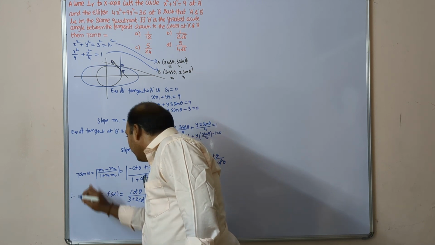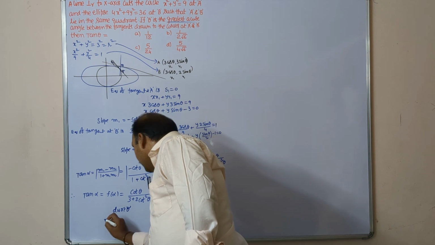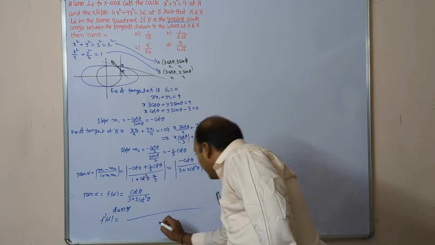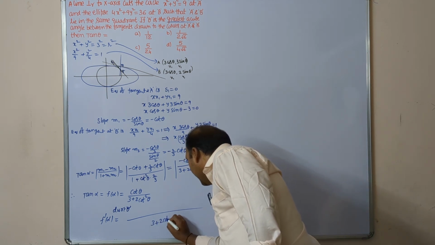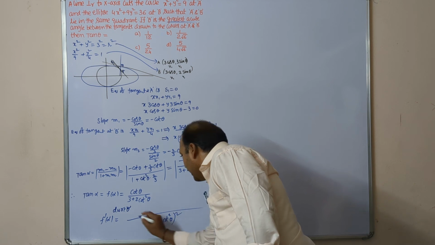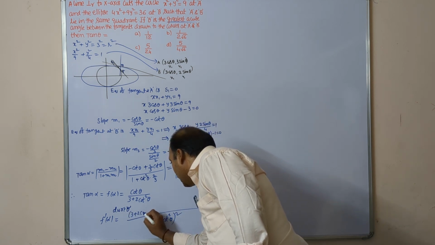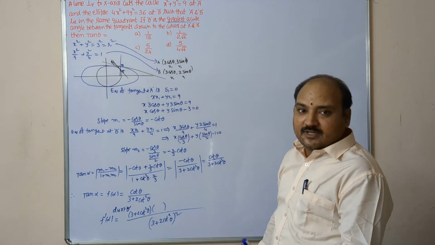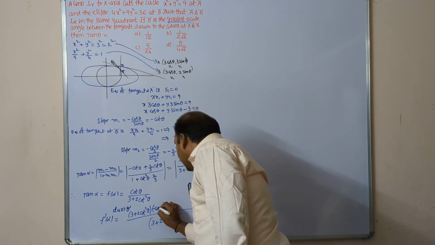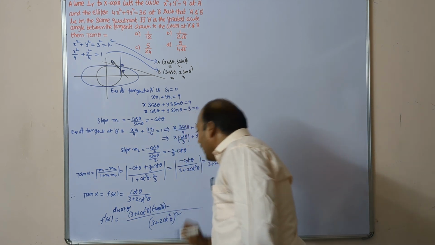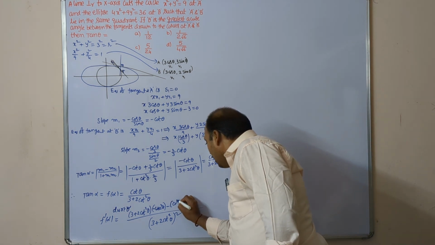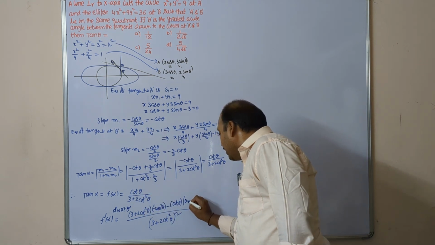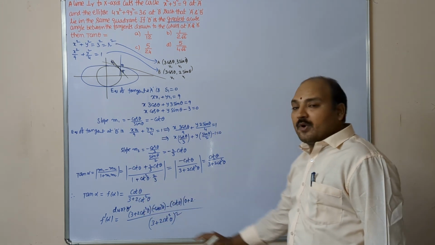So f dash of alpha is equal to, that is the u by v formula, dear students, v into du minus u into dv, by v square, where v square is 3 plus 2 cot square theta whole square. v into 3 plus 2 cot square theta into d by d theta of cot theta, d by dx of cot x is minus cosecant square x, so minus cosecant square theta, minus cot theta into d by d theta of 3, constant derivative 0, plus 2 into f of x whole power n formula.